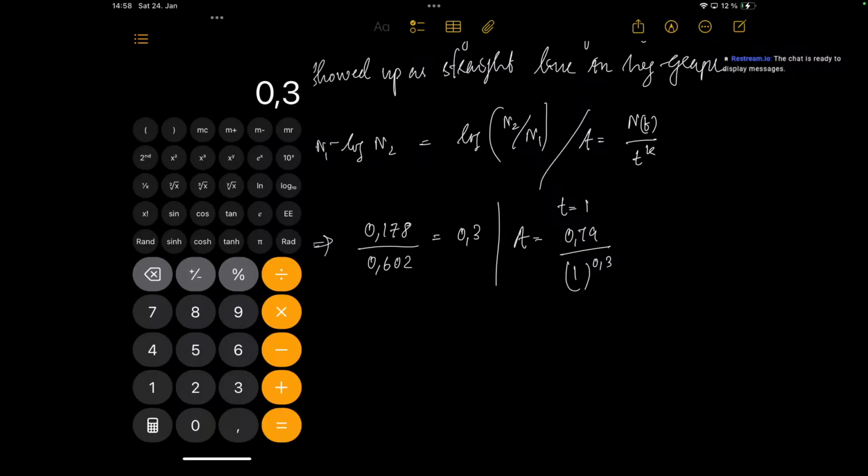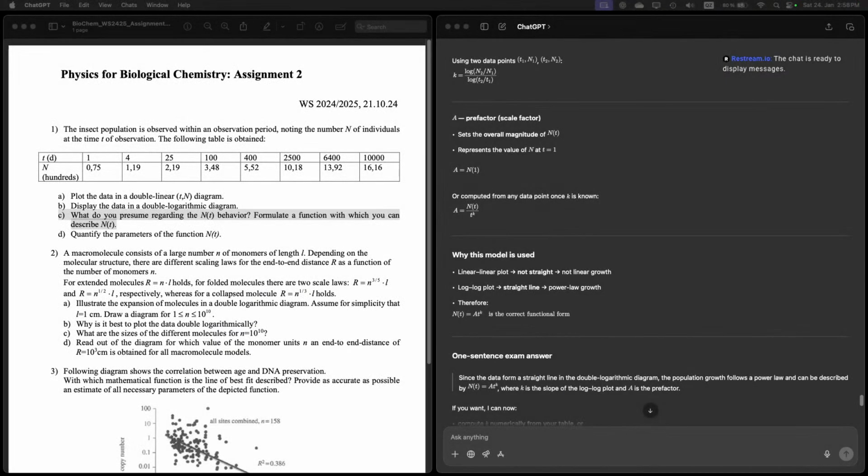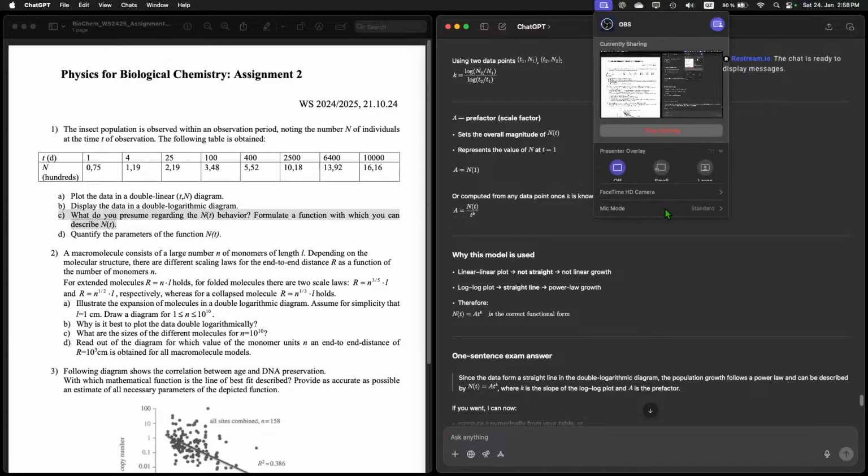I forgot how you do that. Wait, 1 raised to 0.3. That should be 1 itself, right? I gotta check that. Can I share my screen, my face? Should I show my face?